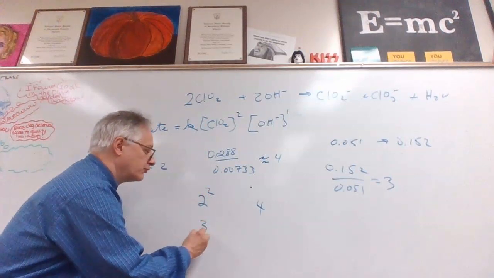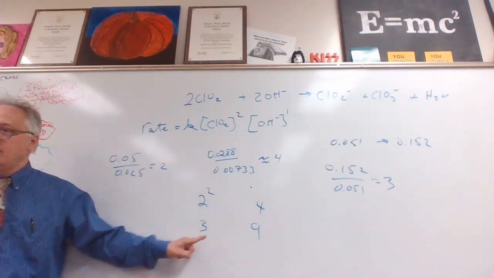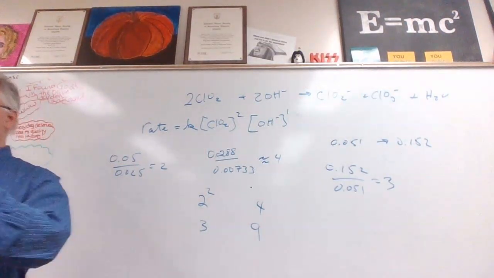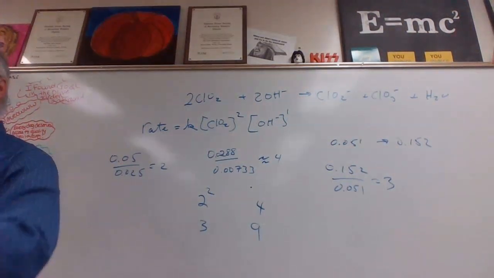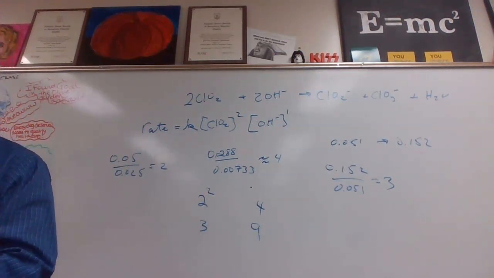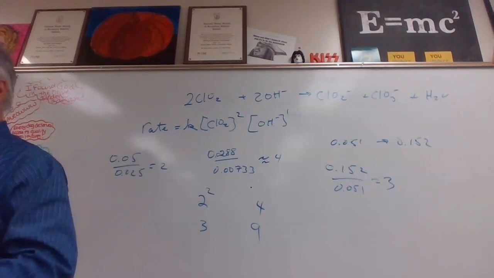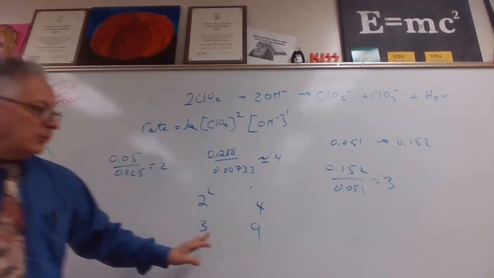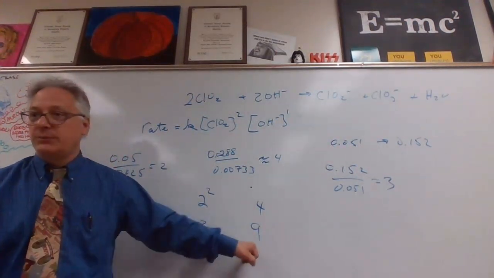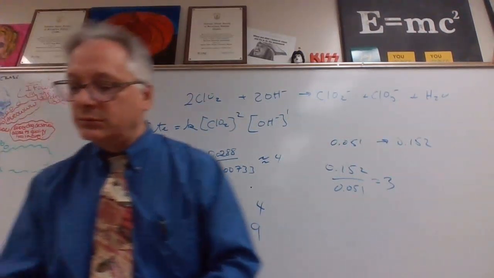If I triple the concentration and the rate goes up by a factor of 9, what do I have to do to that to get 9? Square it. So if the rate increases by the square of the change of concentration, it's second order. If you double concentration and the rate doubles, it's first order. Remember, we're looking at an exponential relationship. All right, I'm going to shut this off, and I want you to try number 6.